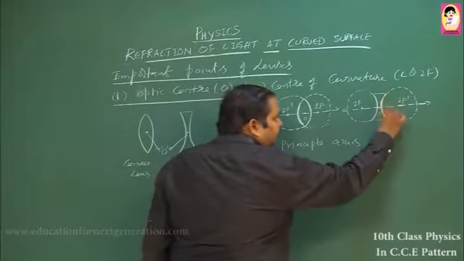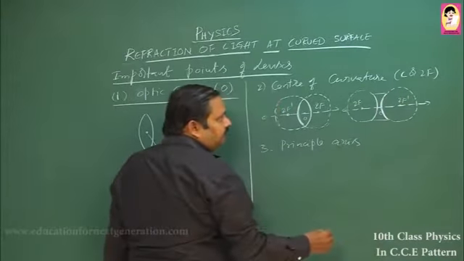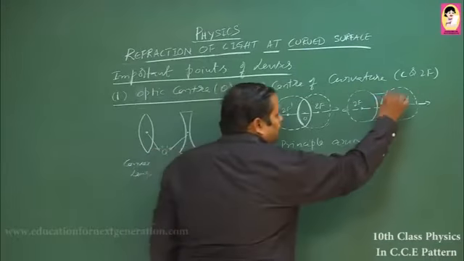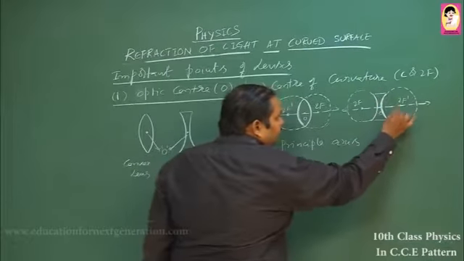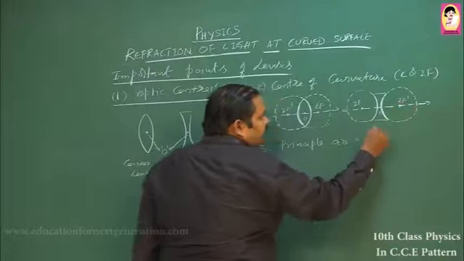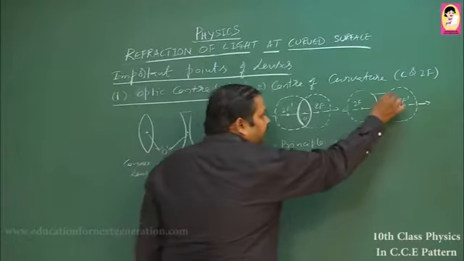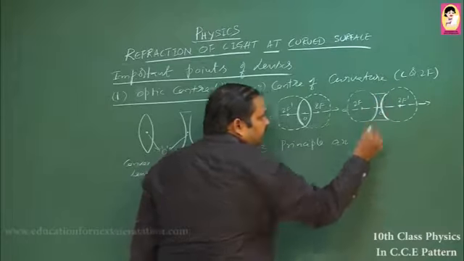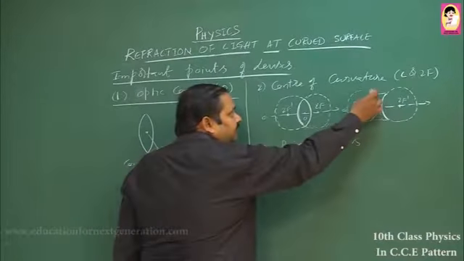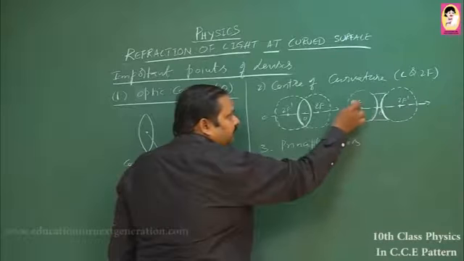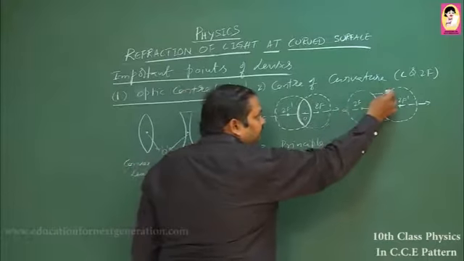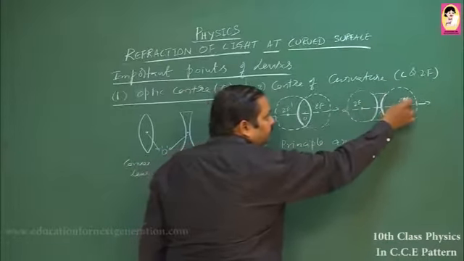This is the second curved surface of the concave lens and this is the whole sphere and this is its center. For the first surface, this is the center. For the second surface, this is the center. So, the center of curvature of the first surface is given with the symbol 2F. Center of curvature of the second surface is given with 2F dash.